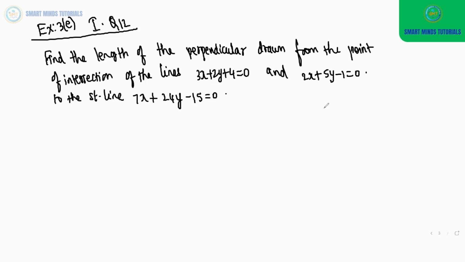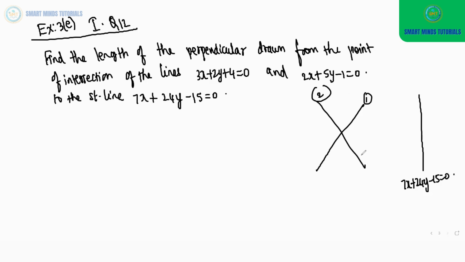So for this, let us draw a figure. This is line 1, line 2, and this is the line 7x plus 24y minus 15 is equal to 0. Now we join this. This is point P.